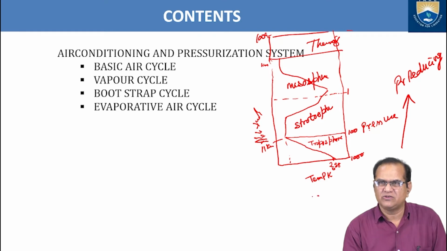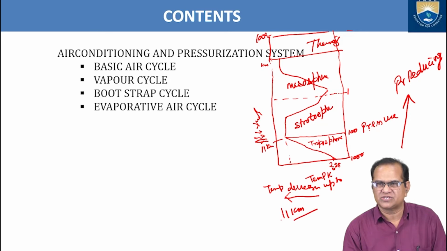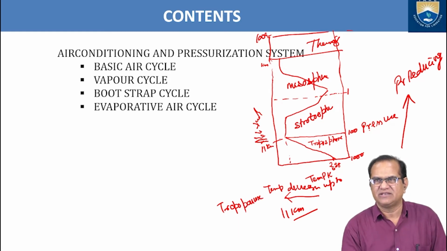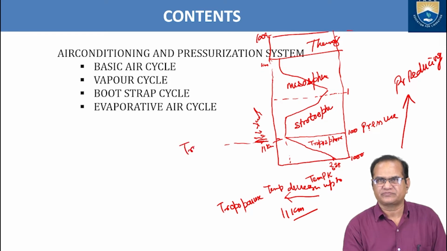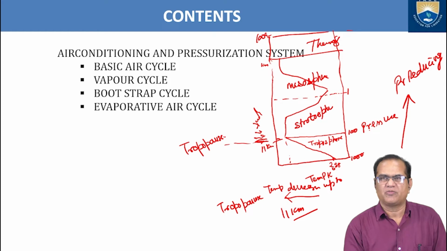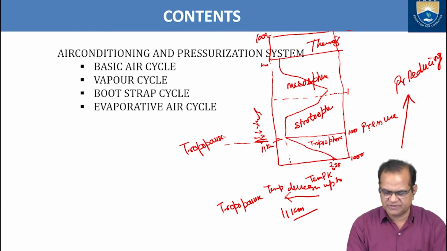Temperature is decreasing up to 11 kilometer. It is called the tropopause. So I will just take only up to this 11 kilometer.